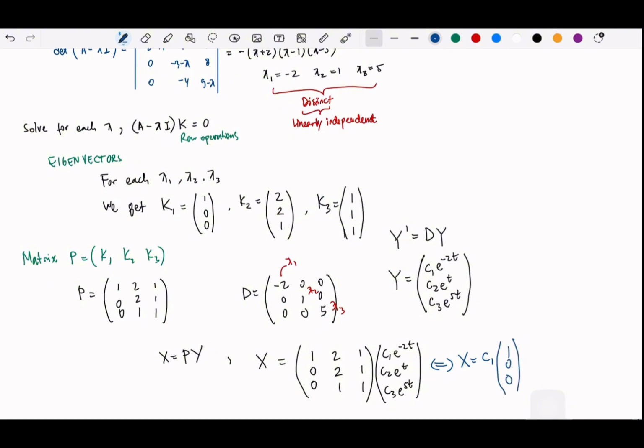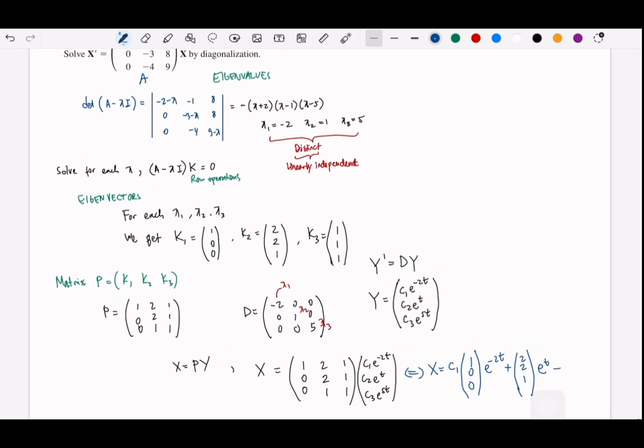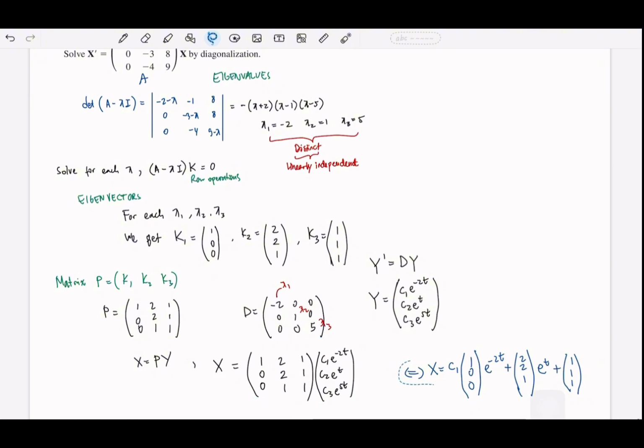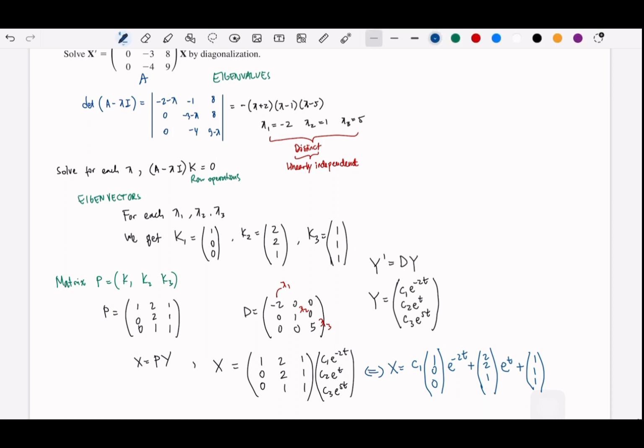The first one here with the first row in the y. So this will be C1 e with power of negative 2t, plus C2 times 2, 2, 1, and this will be e with power of t, and then plus C3 times 1, 1, 1, and then e with power of 5t.